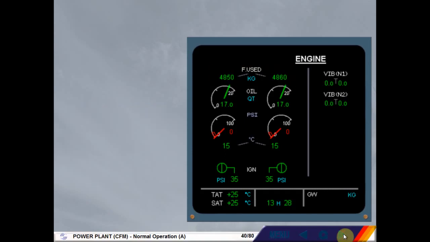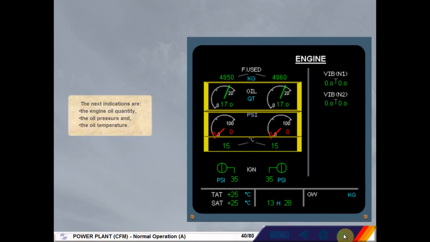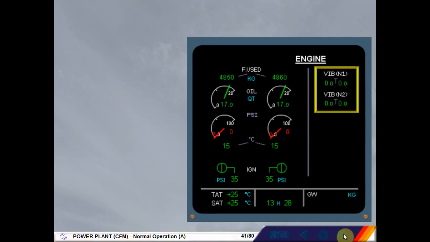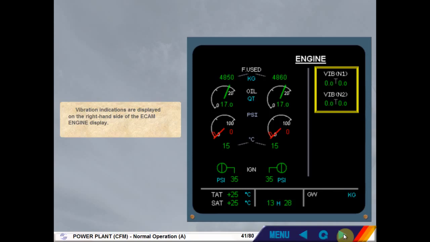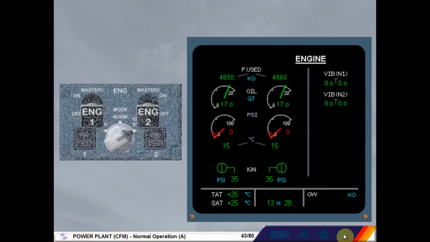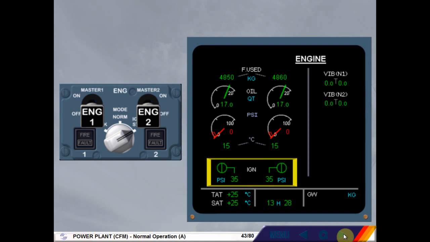The next indications are the engine oil quantity, the oil pressure, and the oil temperature. Vibration indications are displayed on the right-hand side of the ECAM engine display. There are additional indications displayed during engine start on the ground.